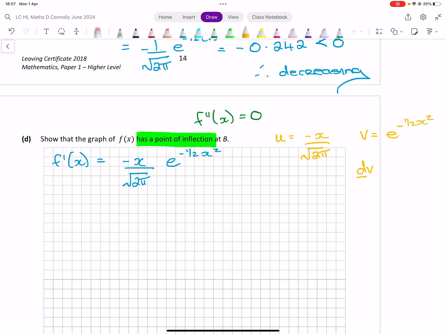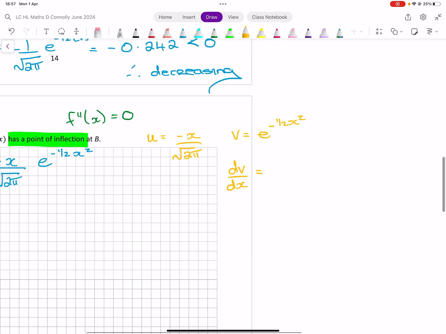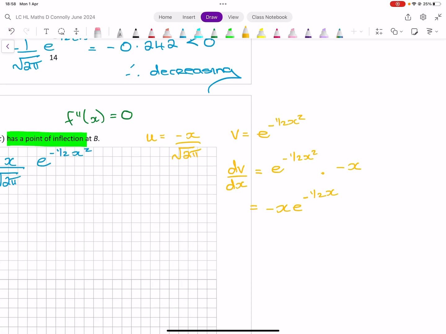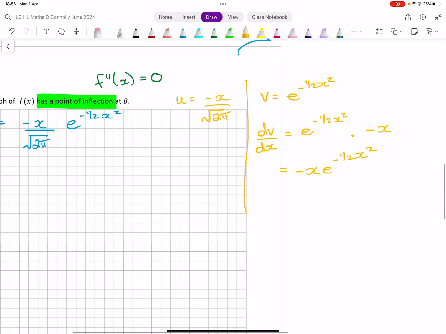This one's dv dx is the exponential unchanged multiplied by the derivative of the power: 2 times minus half is minus 1 by x, so minus x. So that's minus x e to the minus a half x squared. Now u is minus 1 over the square root of 2 pi times x.